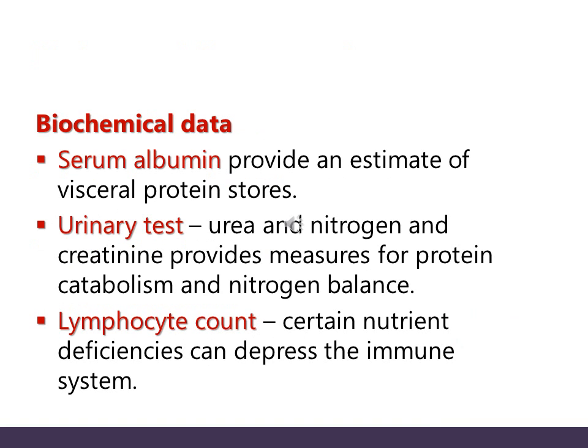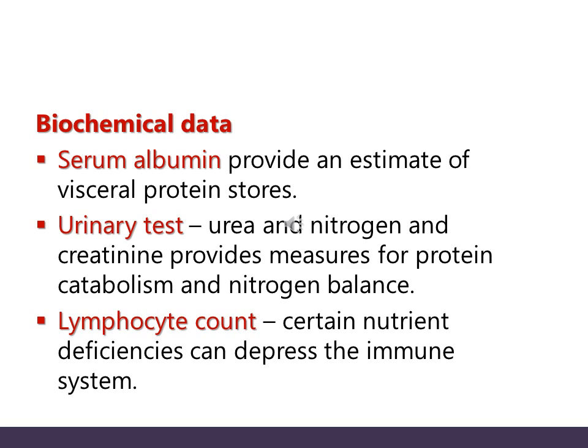Now, there are also laboratory tests that are performed in order for you to get the nutritional status of your patient. One of these laboratory tests is called serum albumin. A small amount of blood will be taken from the patient, and in the laboratory, the amount of albumin in the blood will be measured.